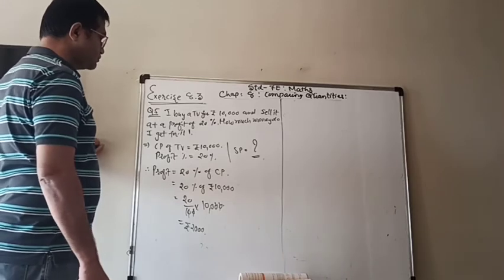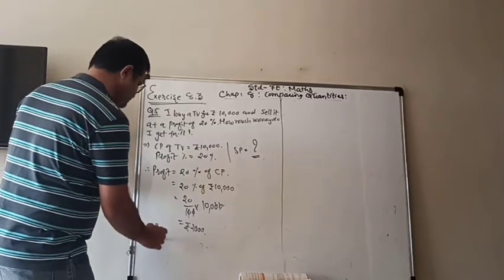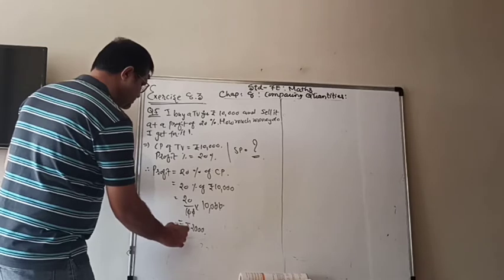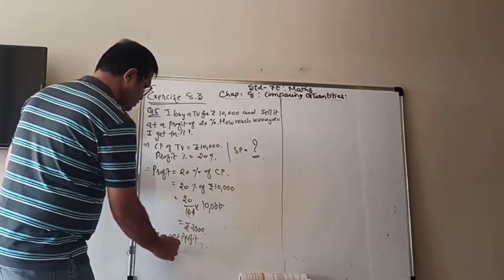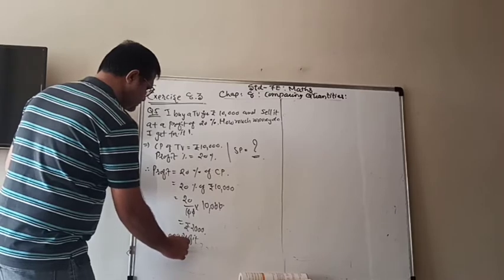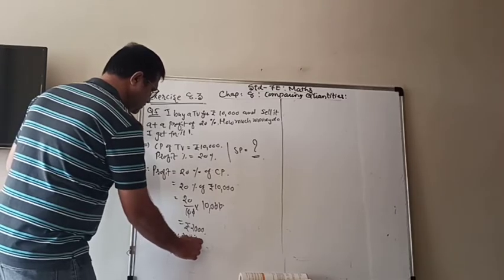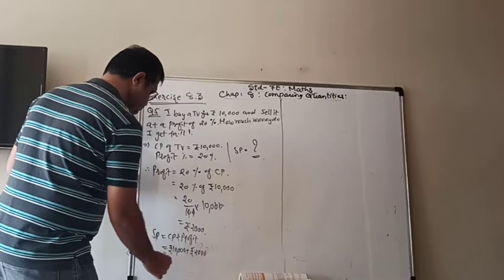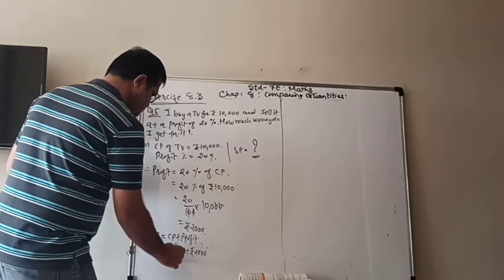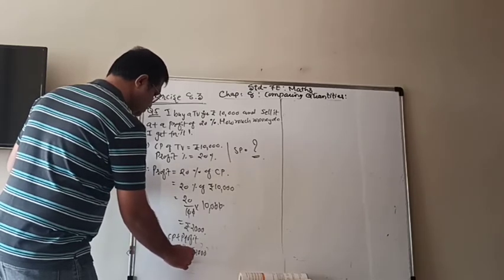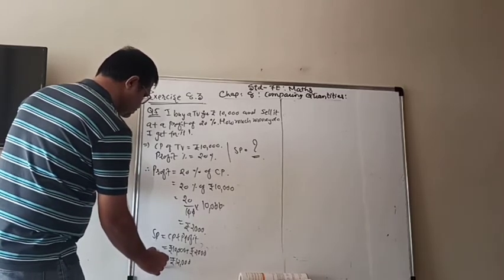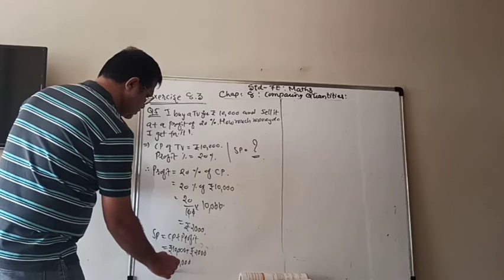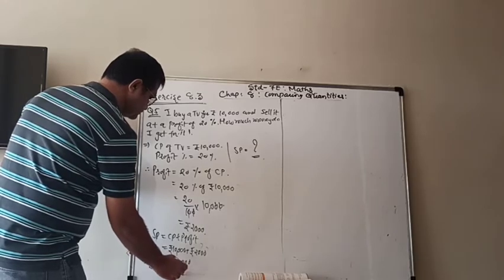So now selling price is equal to CP plus profit. So rupees 10,000 plus rupees 2,000, so rupees 12,000. So I got rupees 12,000.